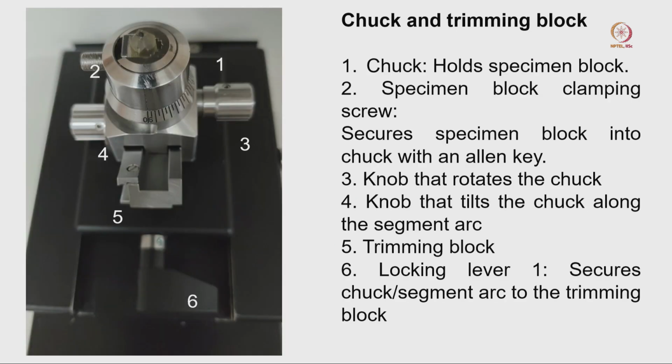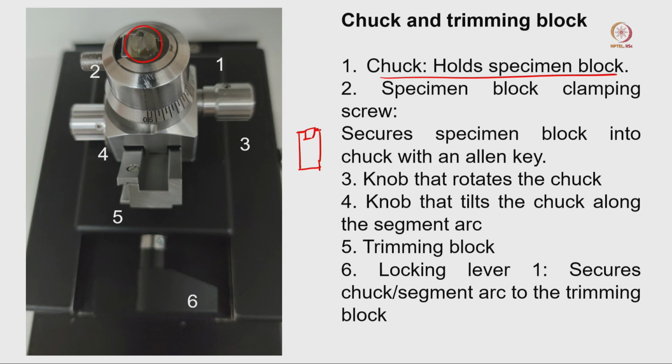Now if we go to the next one, you can see this is the area where we have the sample, the one holding the specimen block. Specimen block means you have an epoxy resin or solidifying resin block, where the tissue sample is embedded.